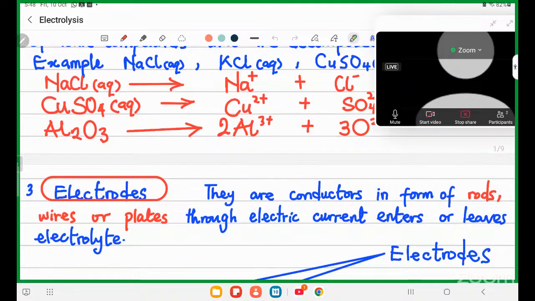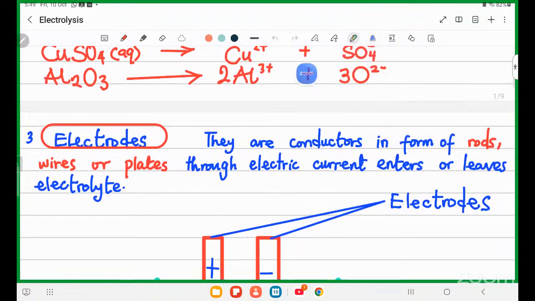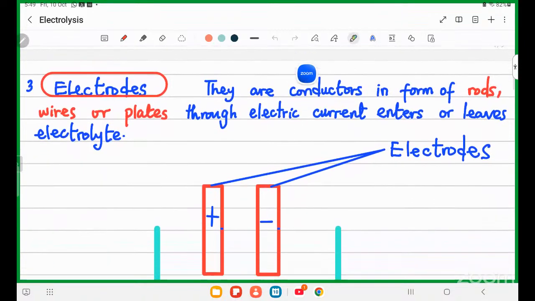We said they are of two types, anode or cathode. They are actually conductors in the form of wires, rods, plates, in which current will enter, and current can also leave the electrolyte.